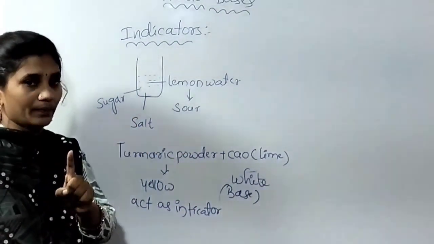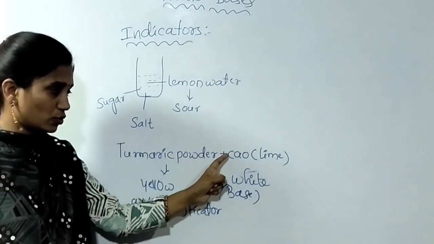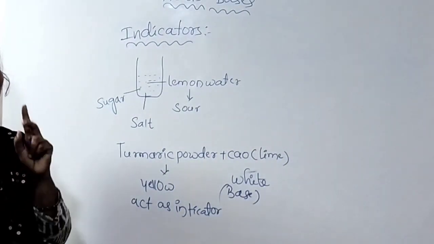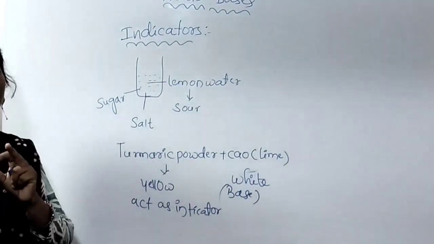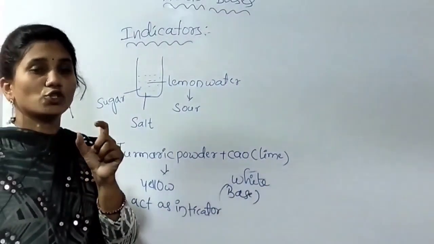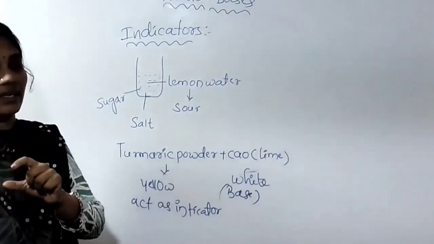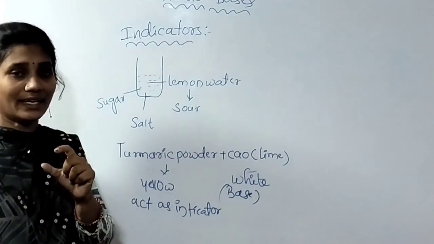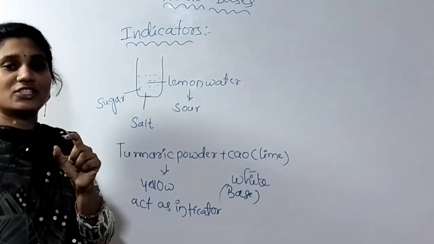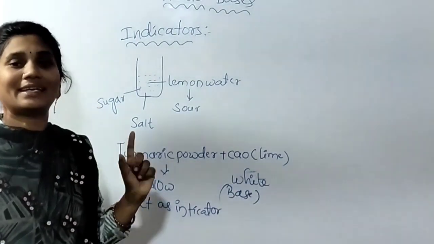If we get a red color solution when turmeric powder is added to a particular substance, that red color indicates that it has the nature of a base. If turmeric solution shows red color to any substance, that substance has a basic nature. We can say it confidently.